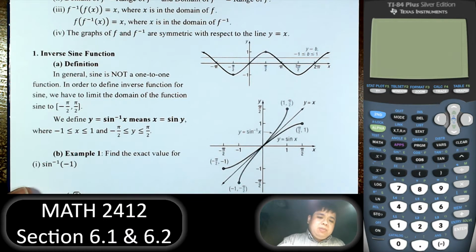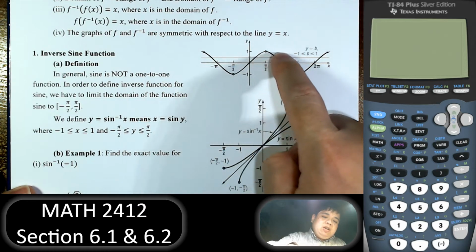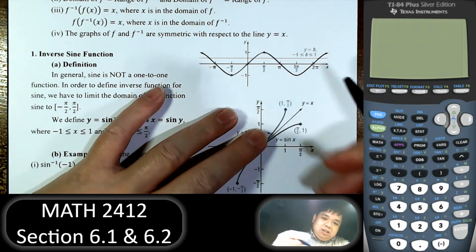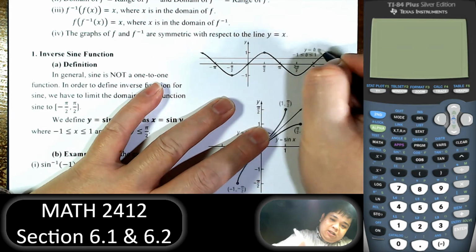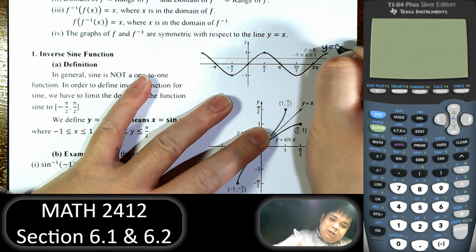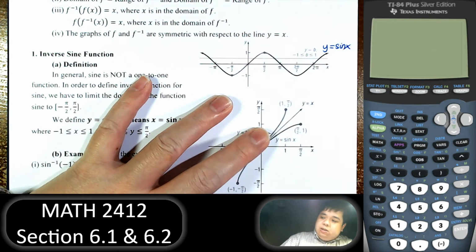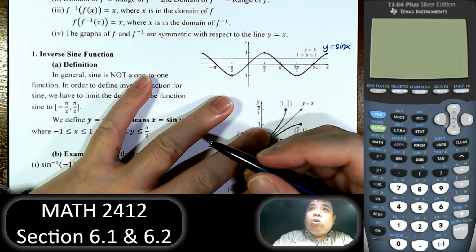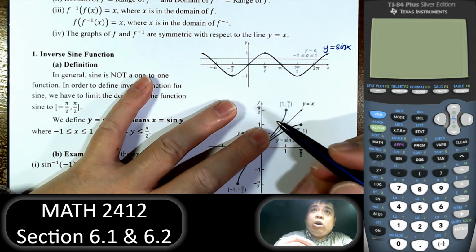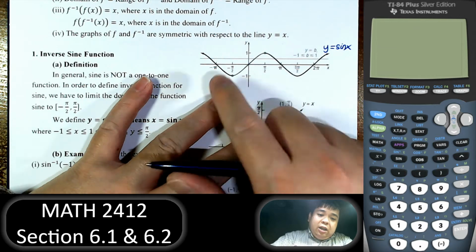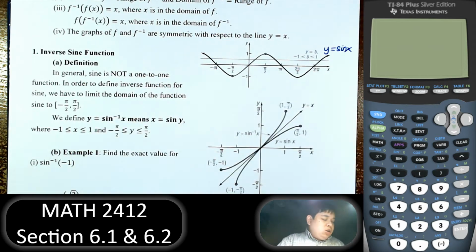So if we graph the function y equals sine x, it is not one-to-one. So we have to pick a domain so that the function is one-to-one.